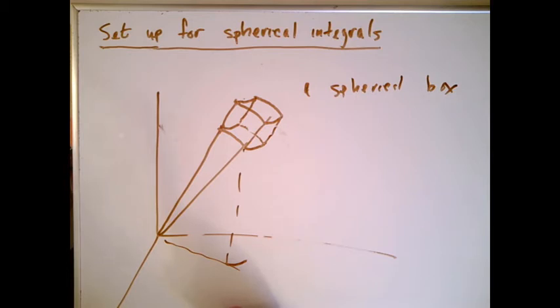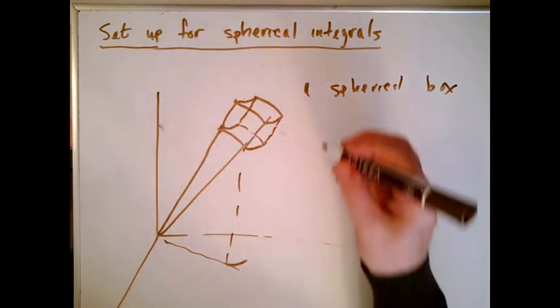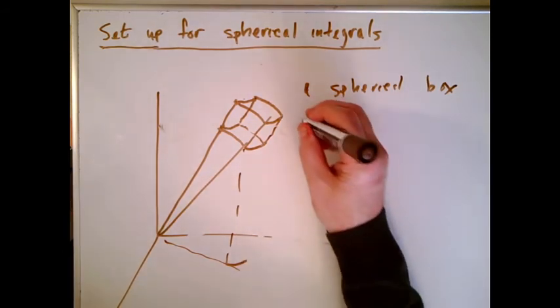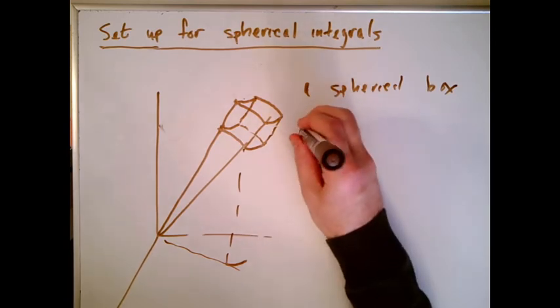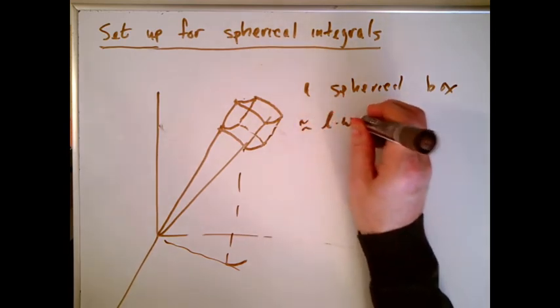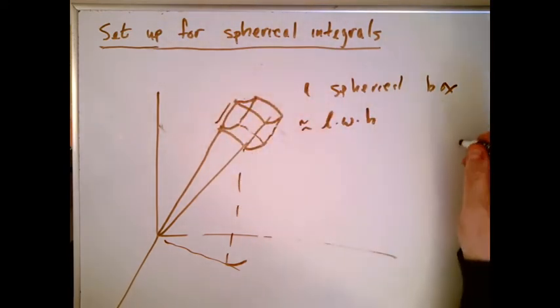Now, this has the same kind of qualities that the polar one does, is that if delta rho and delta phi and delta theta are all really small, then all these angles are almost perpendicular. So what we're going to say is this is almost exactly length times width times height. The height is actually just delta rho. It's just a change in the distance.